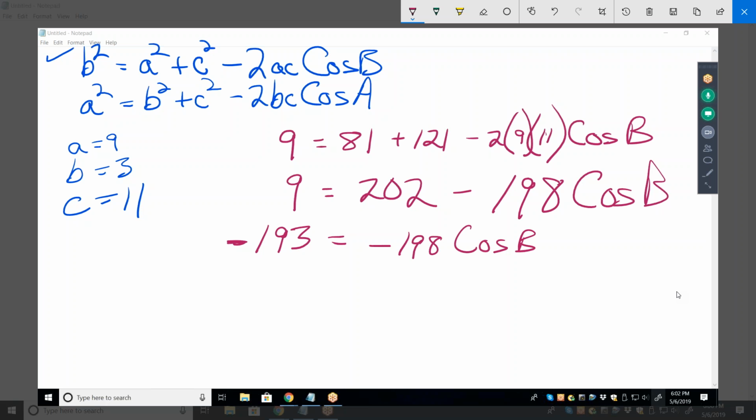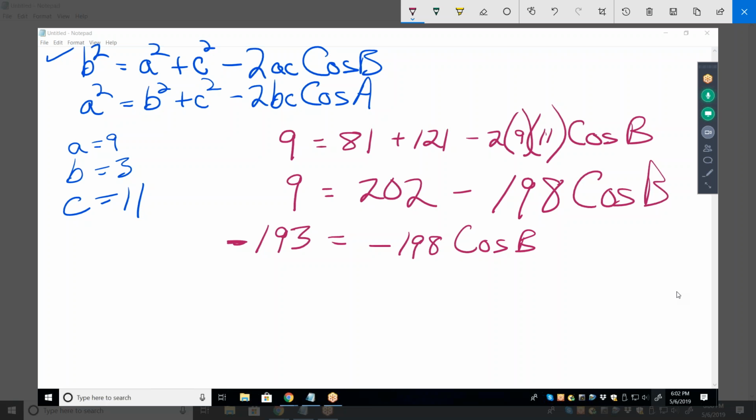What's my next step? Do you have to divide negative 198 by both sides? Yes. Say it the other way, though. What you're doing is dividing both sides by negative 198, not really dividing 198 by both sides.